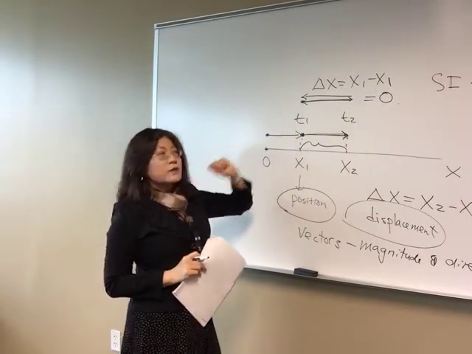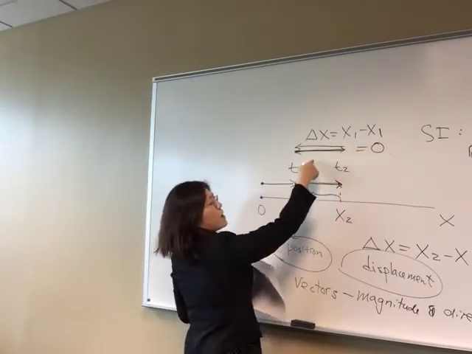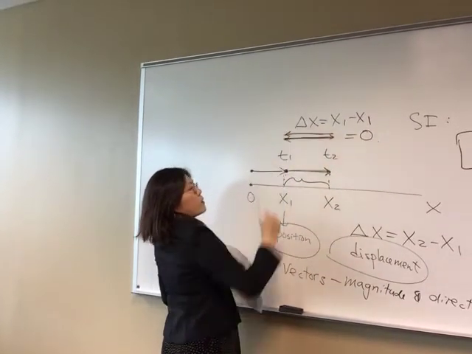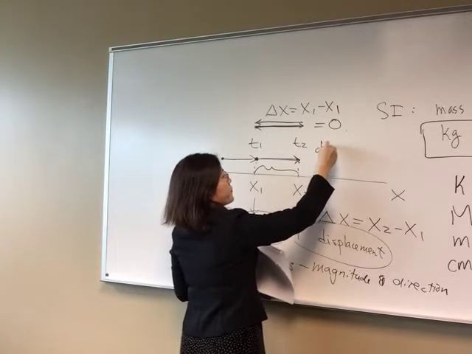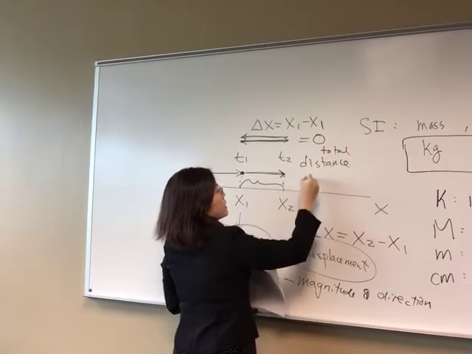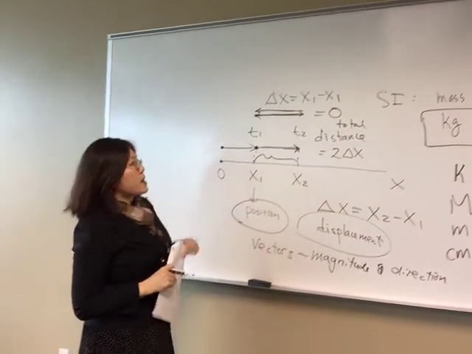What is the total distance? The total distance will be from this position to that position, whatever distance that you have, and then you have this back to this. So for the total distance, it would just be 2 times the difference of x1 and x2.